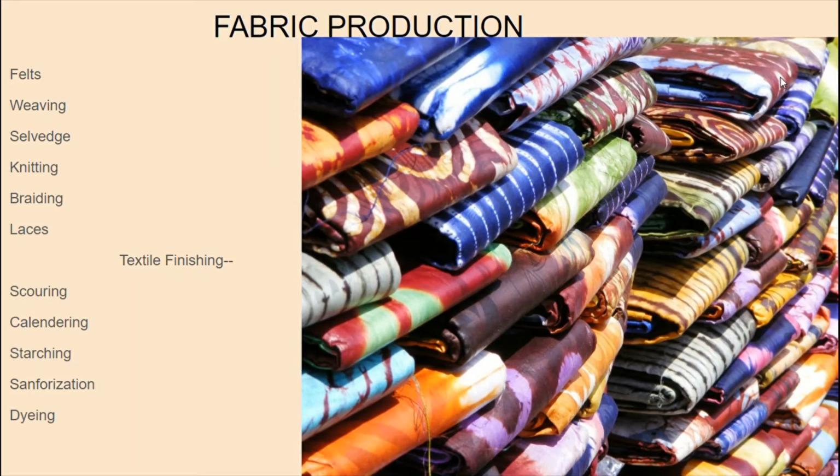Fabric production: felts and non-woven or bonded fabrics are made by laying fibers in the form of a mat and then causing adhesion between them. Weaving consists of two sets of yarn which are interlaced at right angles to each other and they are done on looms. The set fitted on looms which determines the width of the fabric is the warp. The second set, filling yarns, is interlaced to form the fabric.